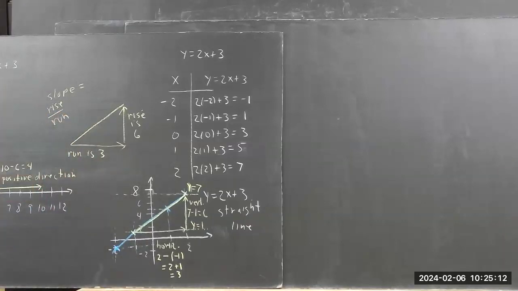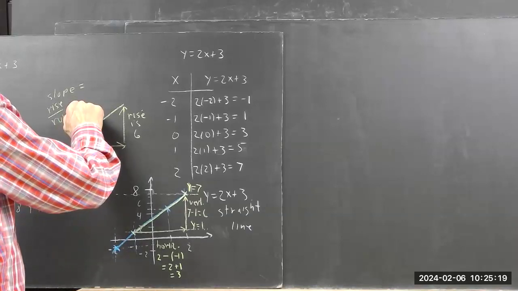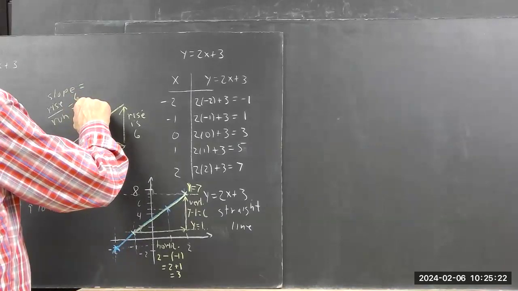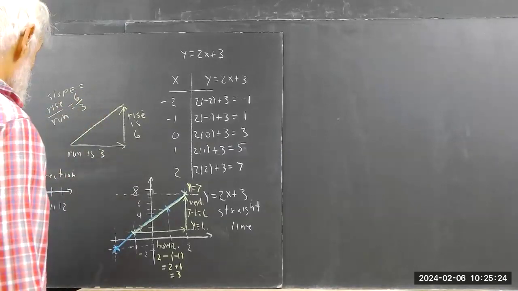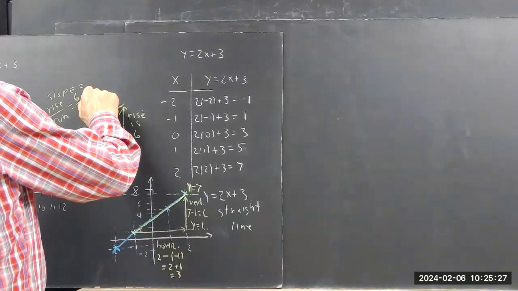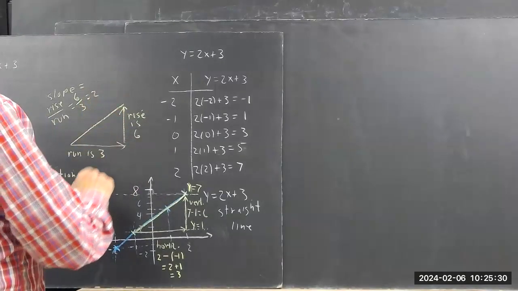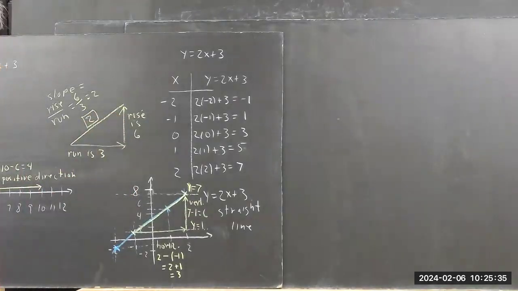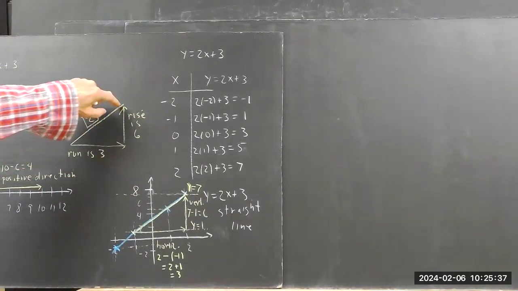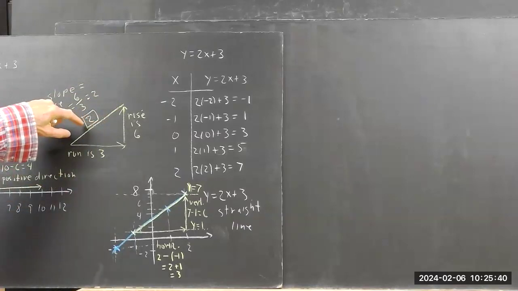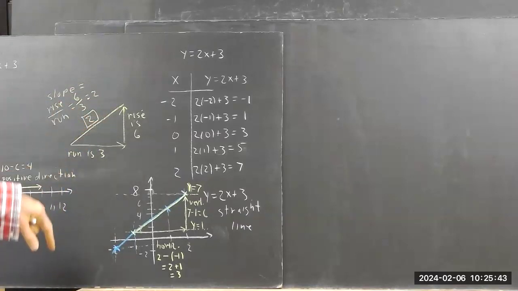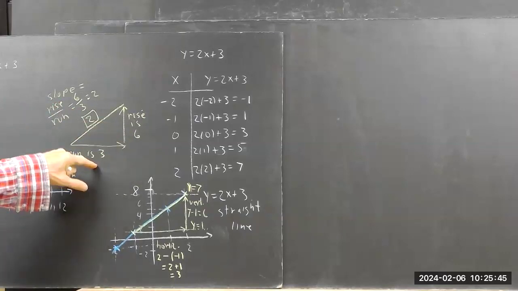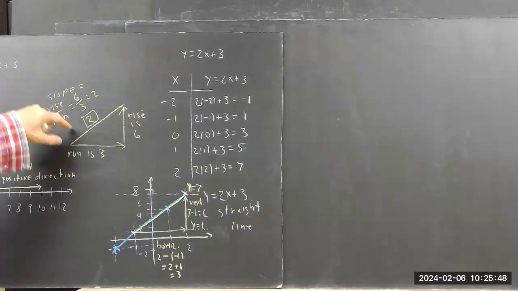That's something you always want to remember. That's what slope is between 2 points. Rise divided by the run is 6 divided by 3, which is 2. I'll just put a little box around the 2 and put it on this leg of the triangle. The box just indicates that this is the slope. This is the rise, this is the run, this is the slope, and here's how I calculated the slope.